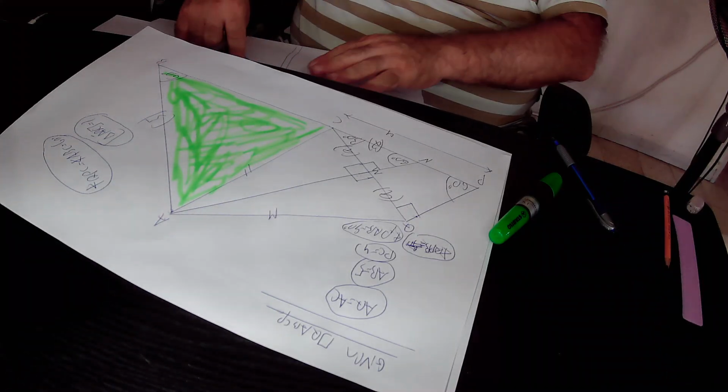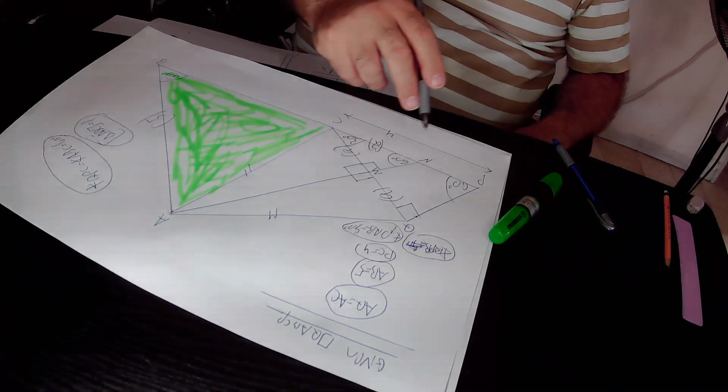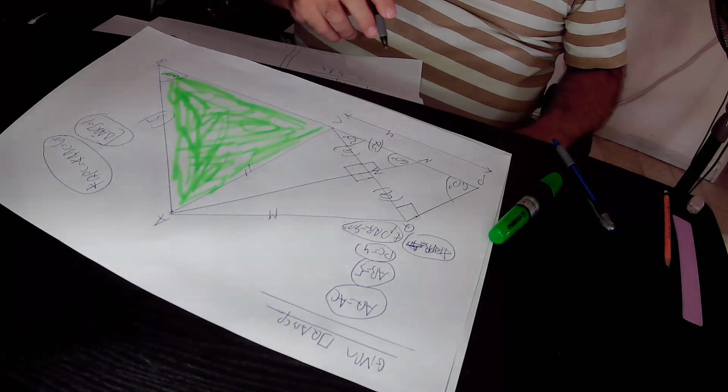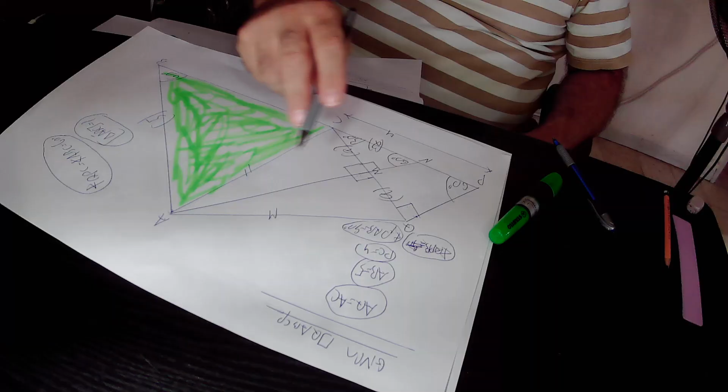In the next step, I'll copy the big triangle NAB in a new page, and we will analyze this big triangle NAB.